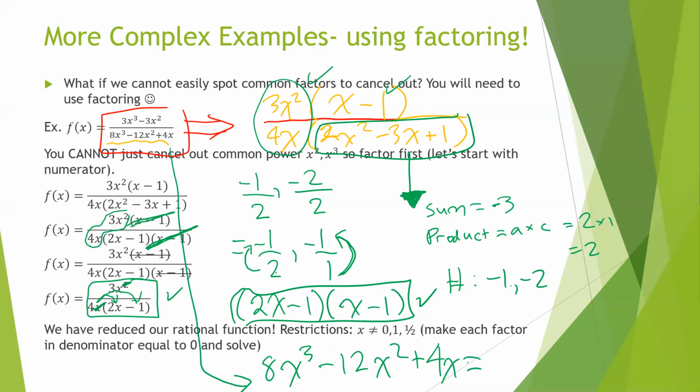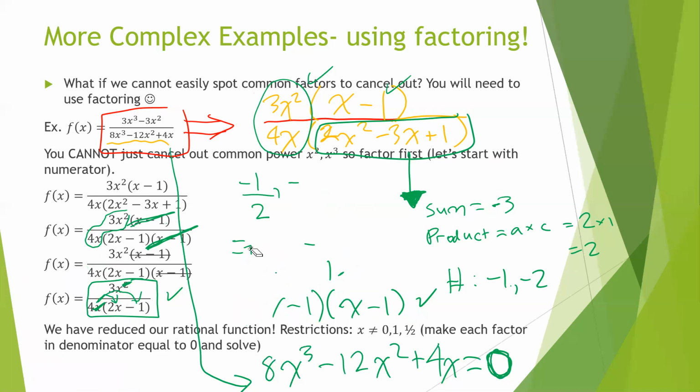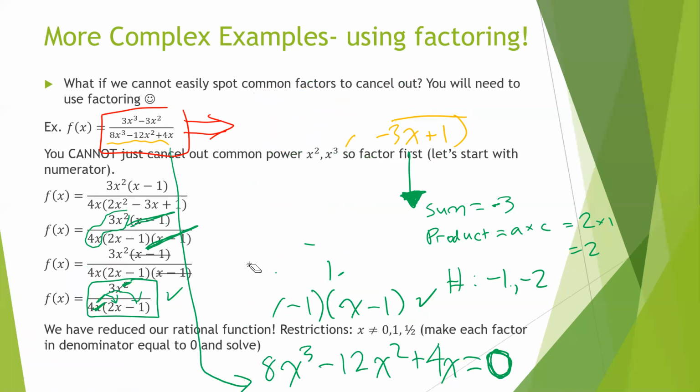So to find the restrictions, you need to figure out when this denominator is equal to 0. So you're asking yourself, okay, when is this equal to 0? This is exactly the same thing as trying to figure out what the x-intercepts are. So if you recall in grade 10 math, I know most of you had Mr. Tancredi, you probably went over how to find the x-intercept of a quadratic function.